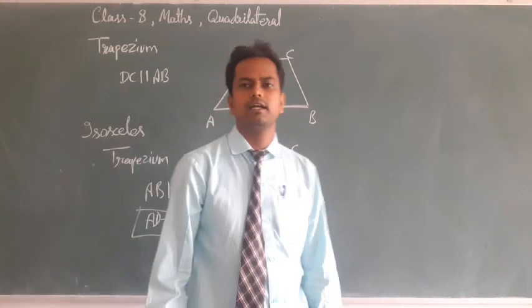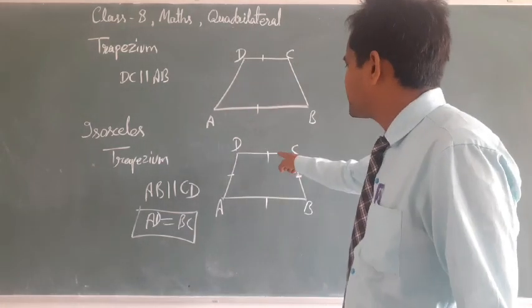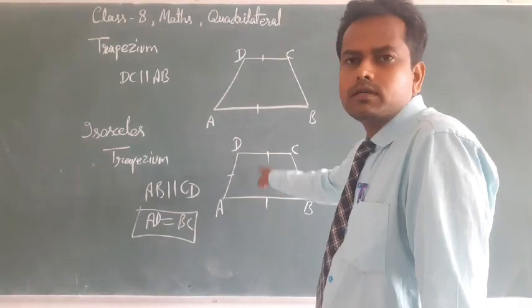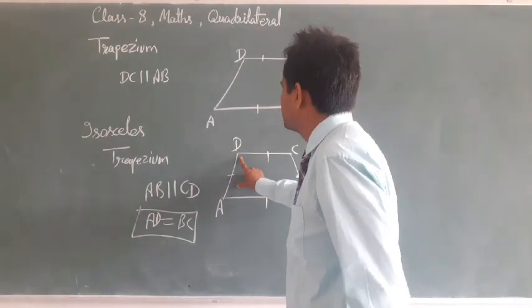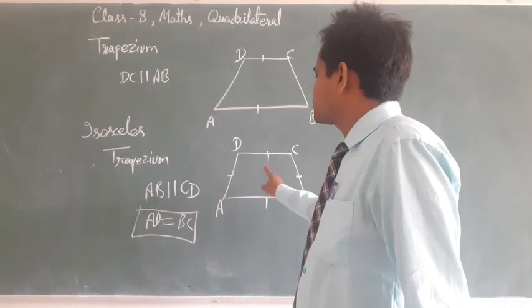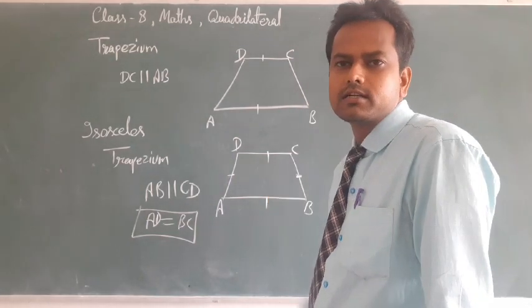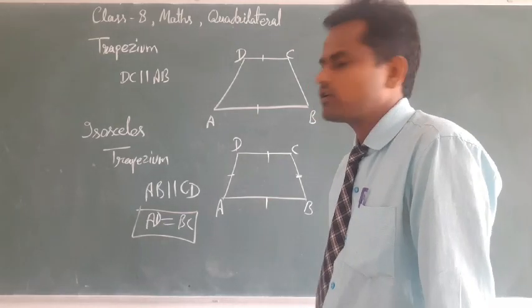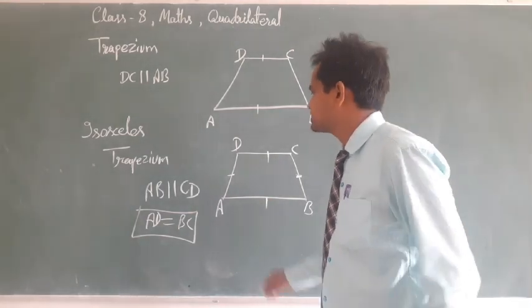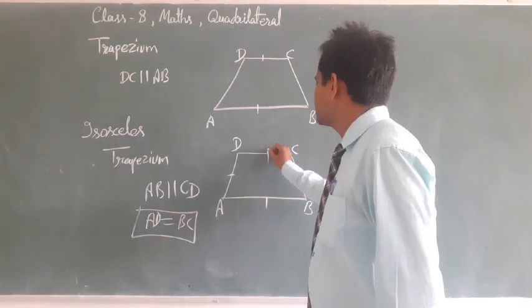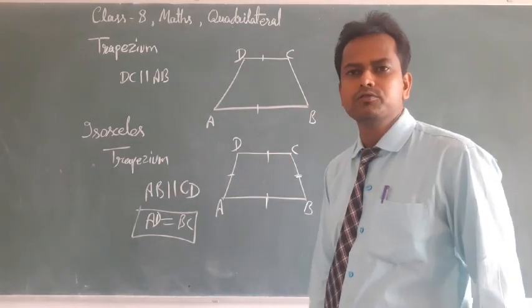If in a quadrilateral one pair of sides is parallel and the other pair of sides is equal, such quadrilaterals are called isosceles trapezium. Always remember, in an isosceles trapezium one pair of sides is equal and the other pair is parallel to each other.